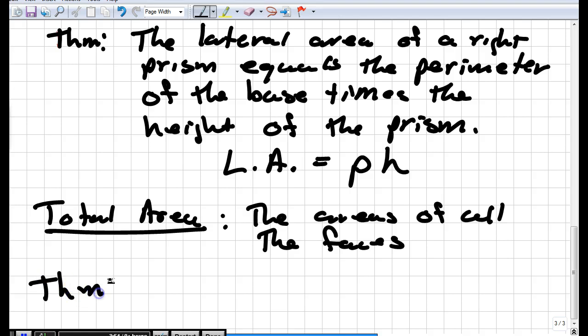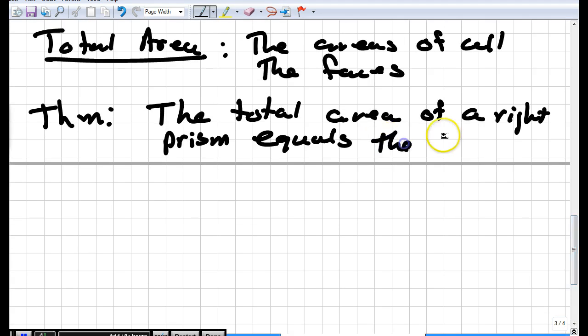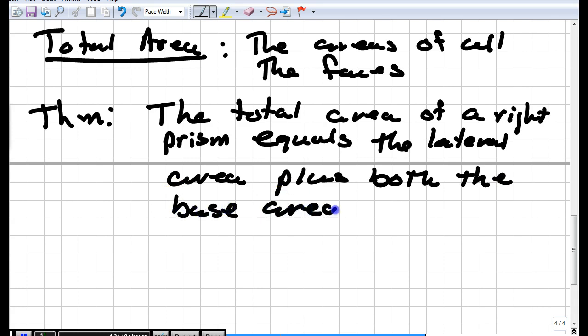So the theorem says this: the total area of a right prism equals the lateral area plus both the base areas.